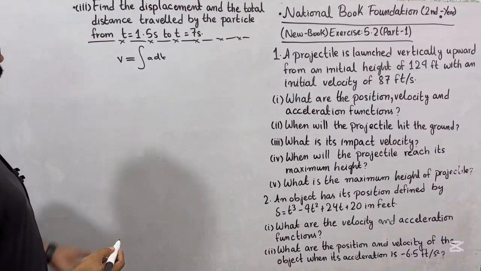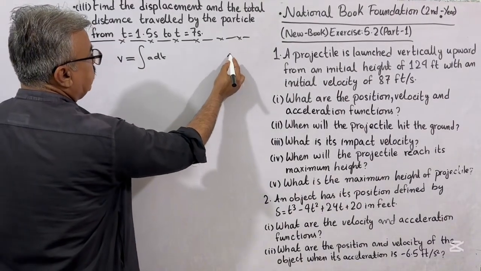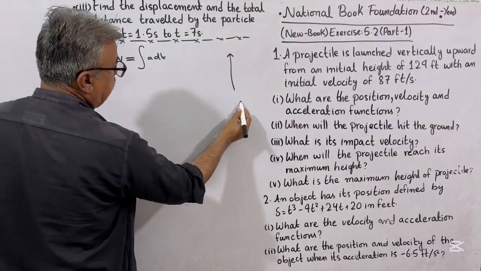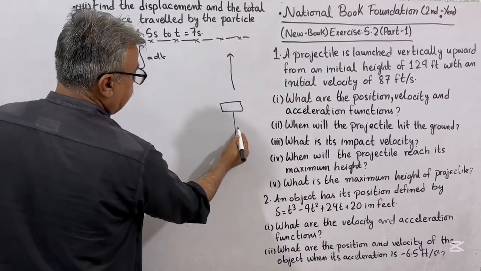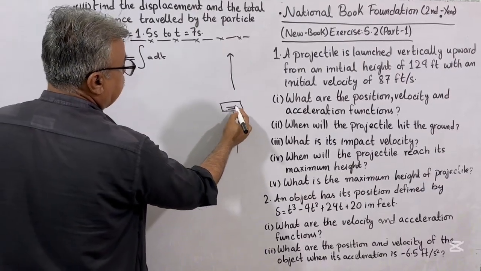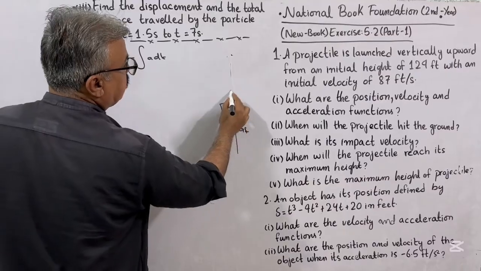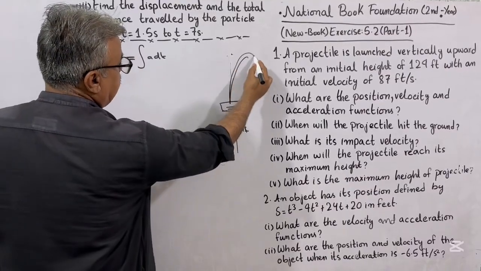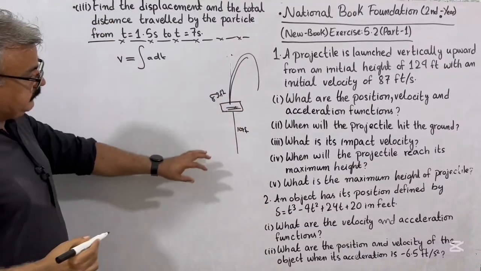Naturally, when we are throwing something upwards, gravity comes into play. Here, there is a building that is initially 129 feet high, and from there a projectile is launched vertically upward with an initial velocity of 87 feet per second.